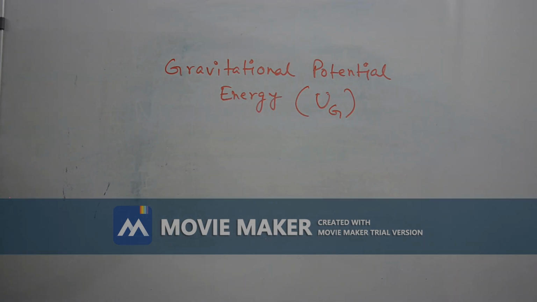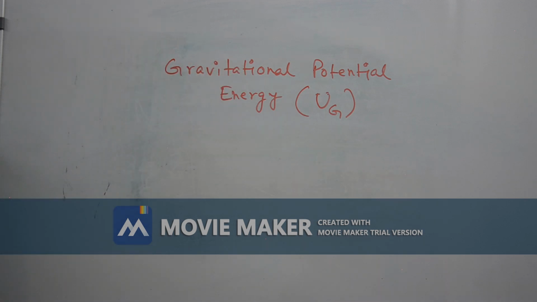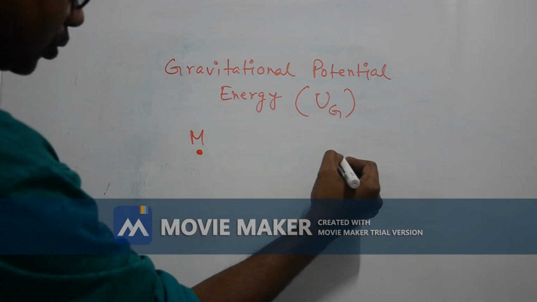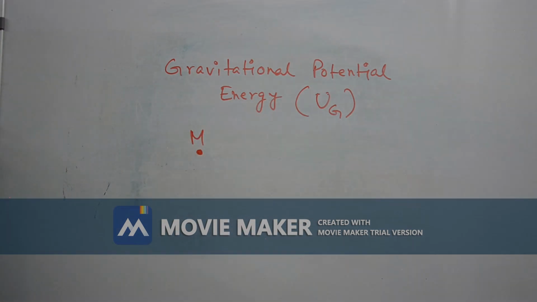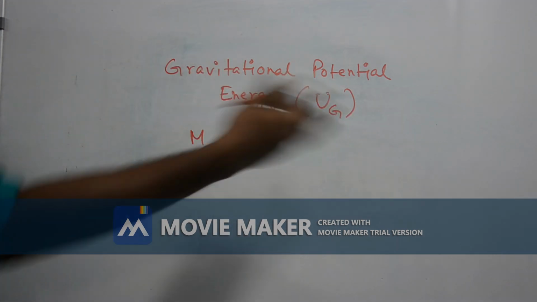In order to introduce the gravitational potential energy, I have to consider the work done by the gravitational force. So the source mass is creating the gravitational environment, as we have seen, it's creating the gravitational field and other things.